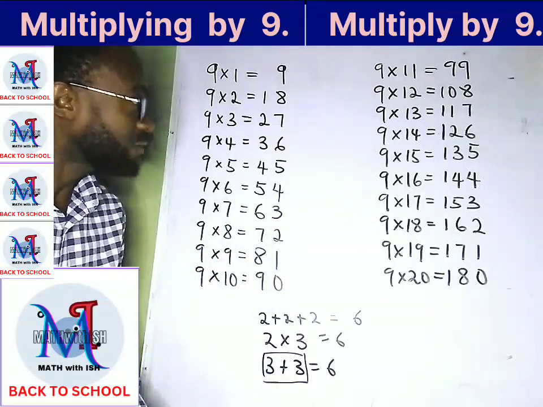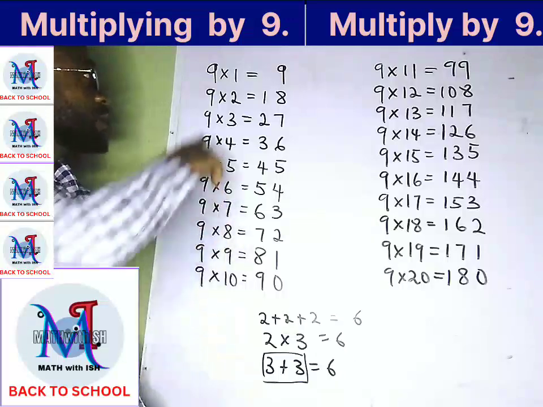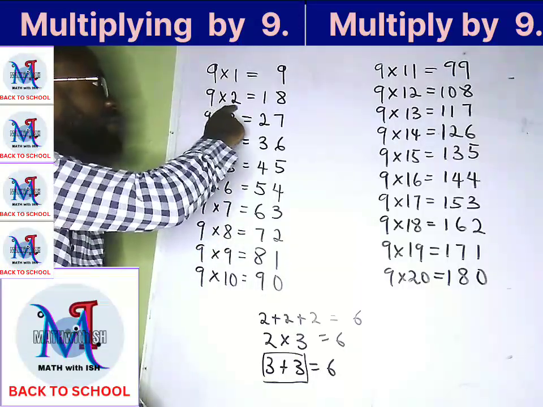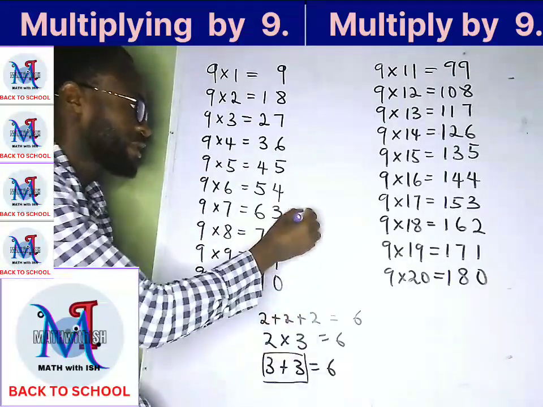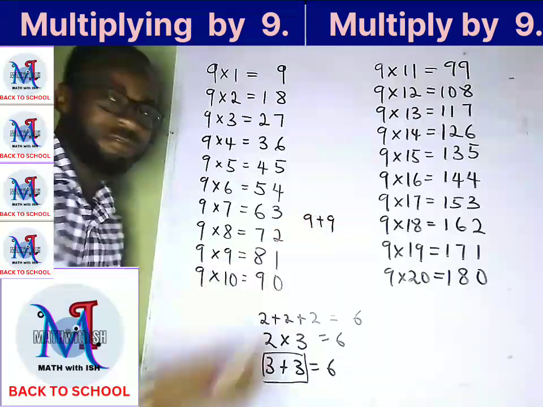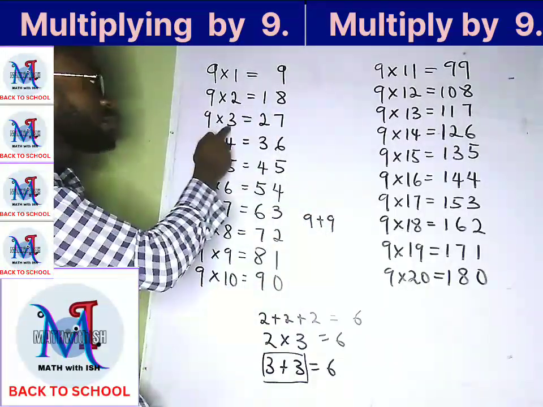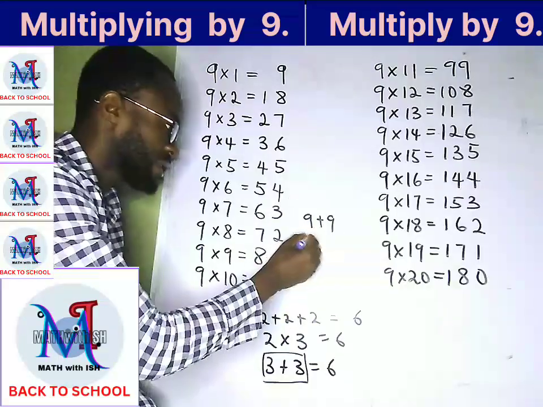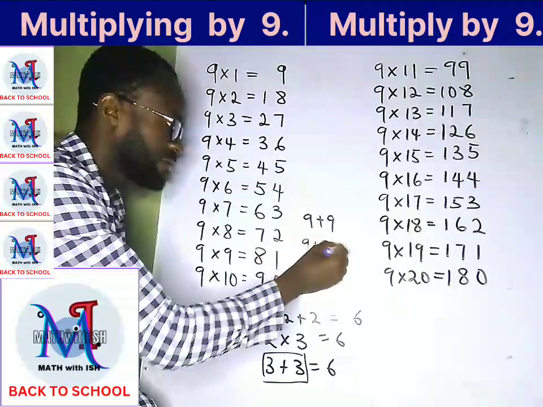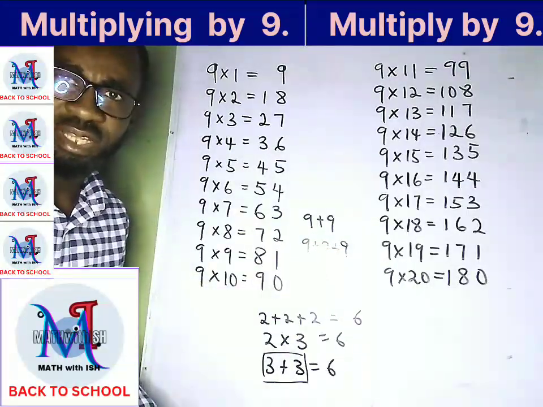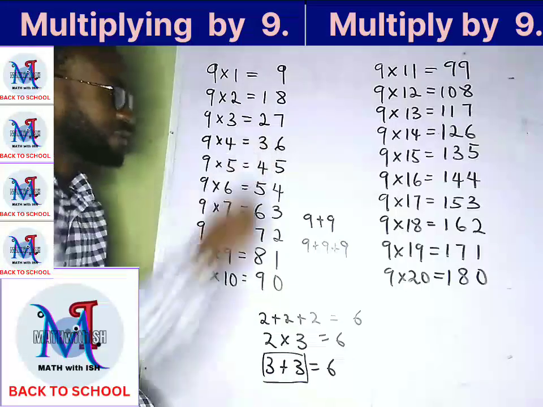So you know that 9 times 2 simply means 9 is adding itself 2 times to give 18. 9 times 3 means that 9 is adding itself 3 times, repeated addition, to give 27.